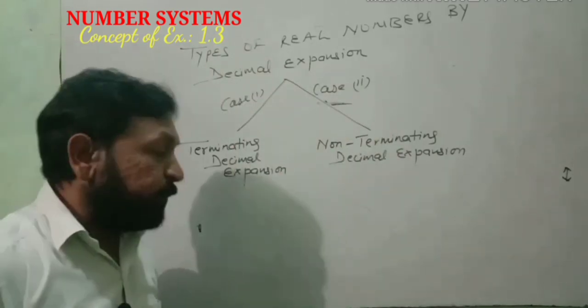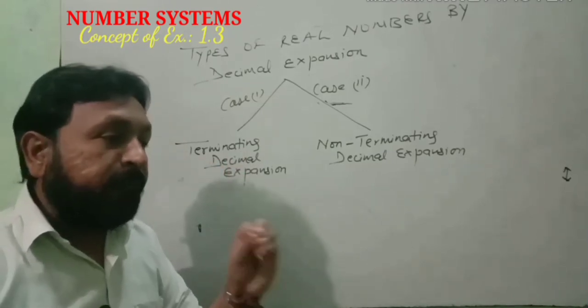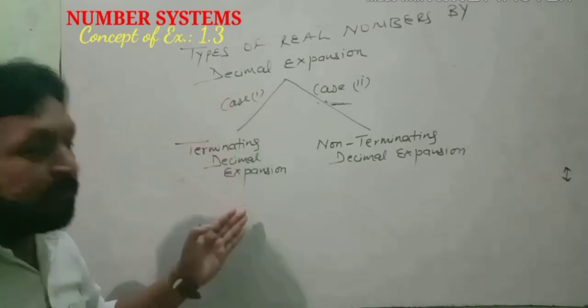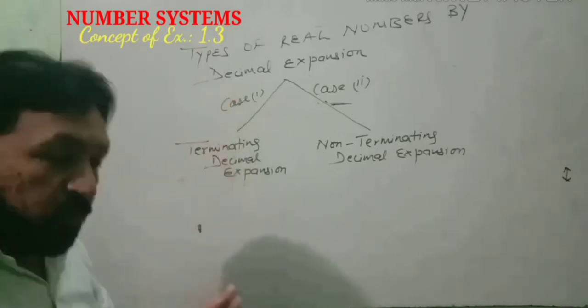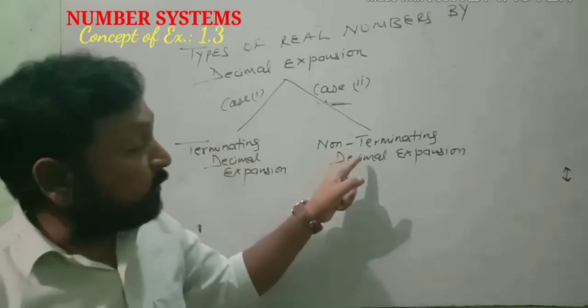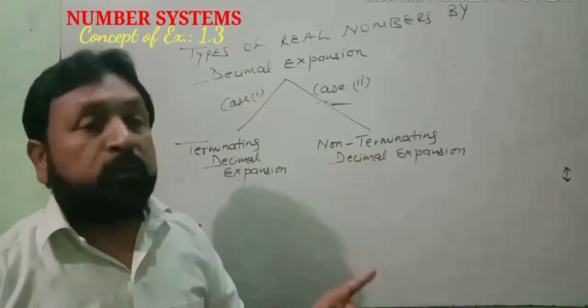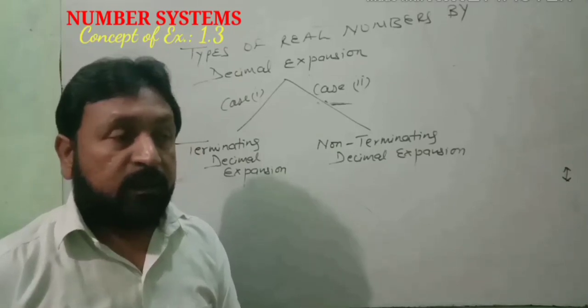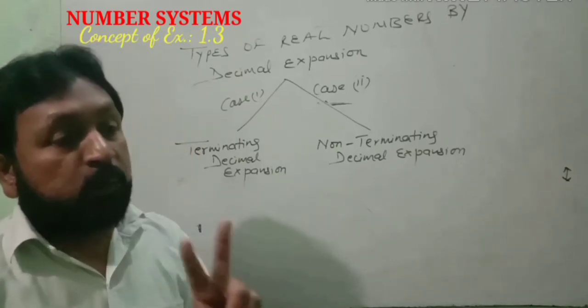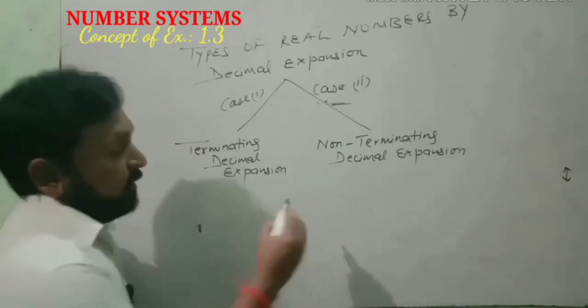Understood? Okay. One more thing. If the division is over, its case is over. But the case where the division is not over, I said non-terminating means not over. Then two things will happen.